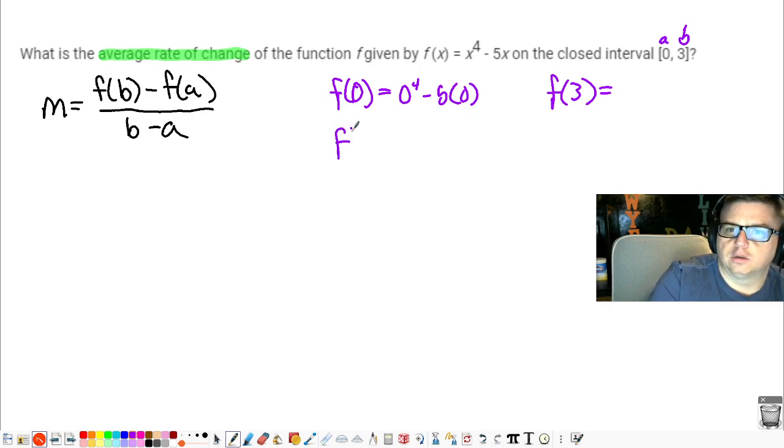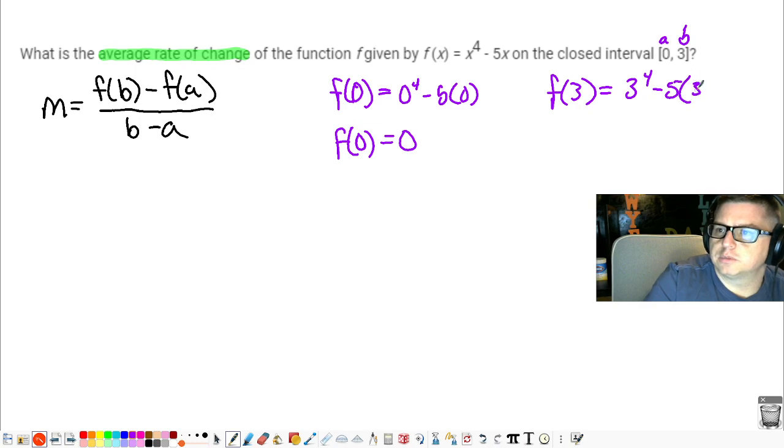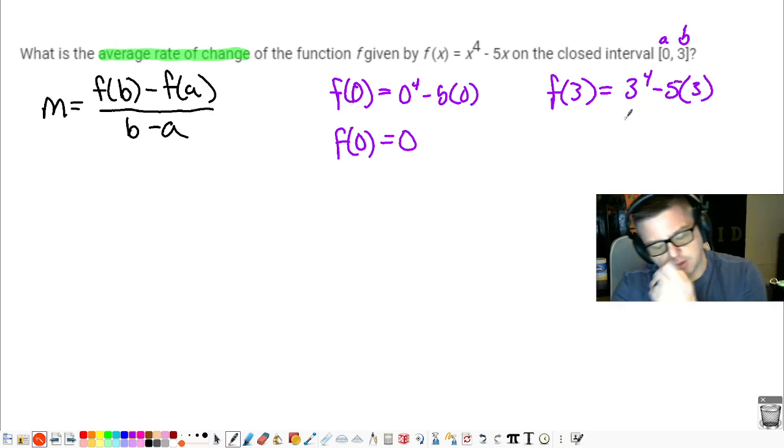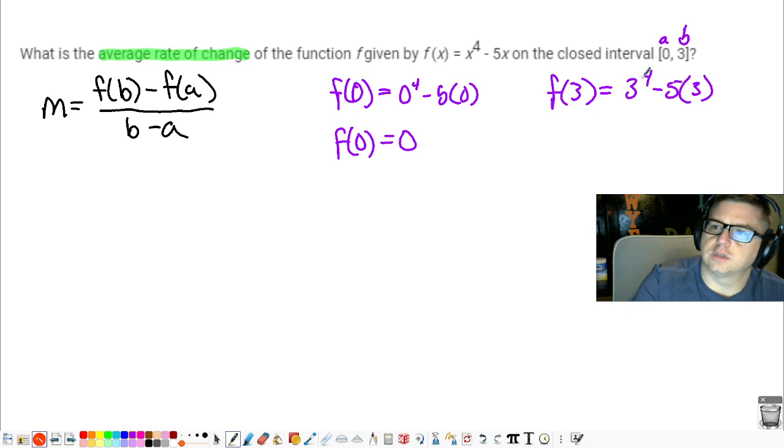Hopefully we are good to say that f of 0 is 0. And then we're going to do 3 to the 4th power minus 5 times 3. So that's going to be 81, because I'm looking at it as 3 squared and 3 squared. So 3 times 3 is 9, and 3 times 3 is 9. 9 times 9 is 81 minus 15.